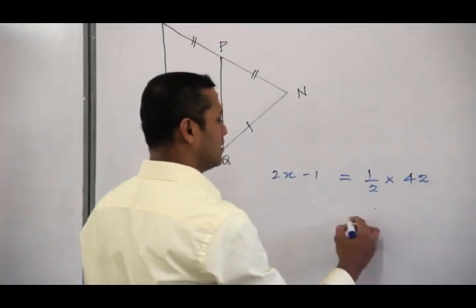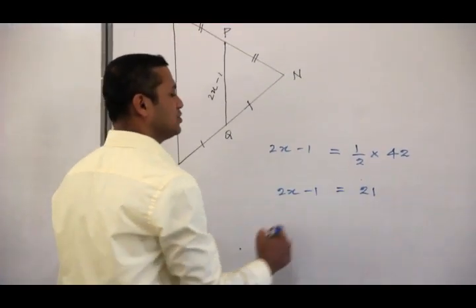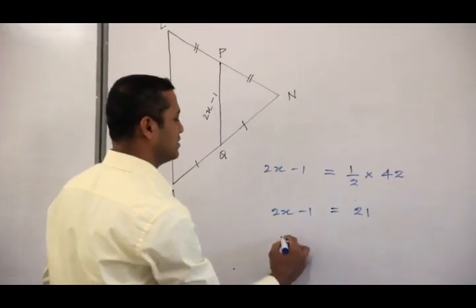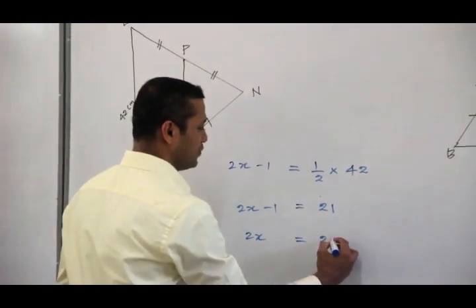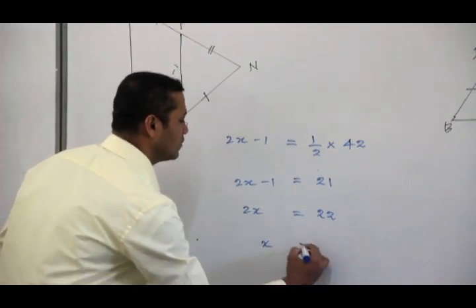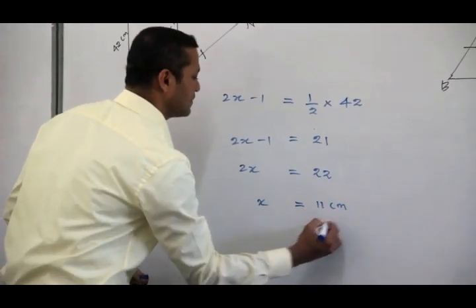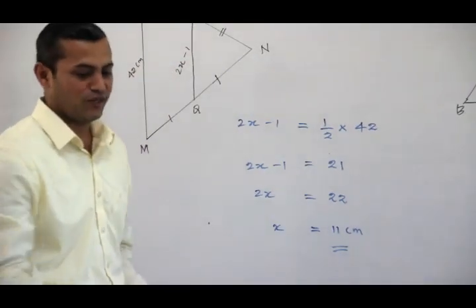So you can cancel, you will get 21. 2x minus 1 equals 21, 2x equals 22. Then if you divide both sides by 2, you will get x equals 11 centimeter. Hope you understood. Look at the next question in your textbook.